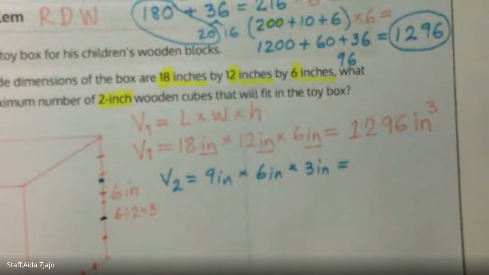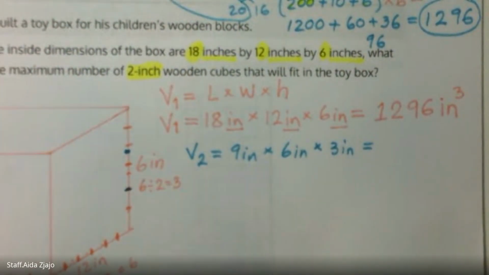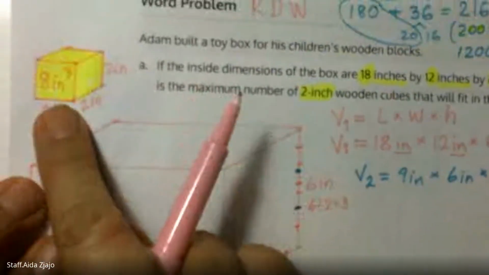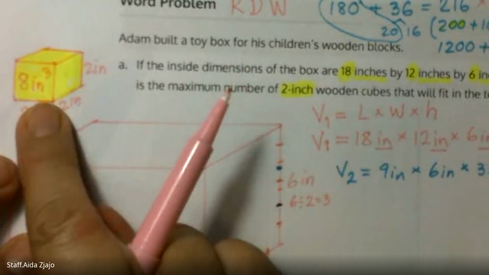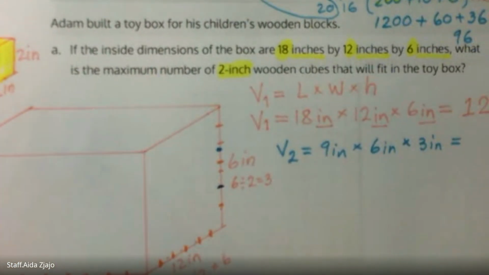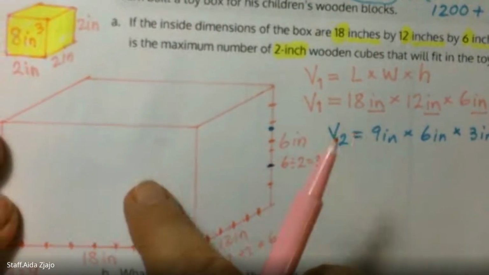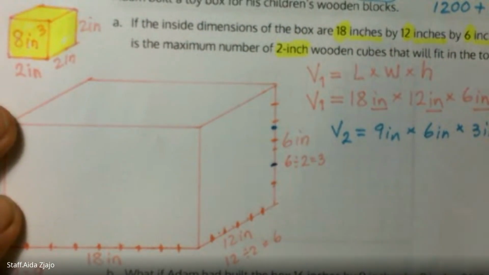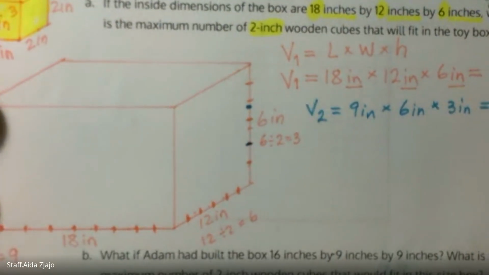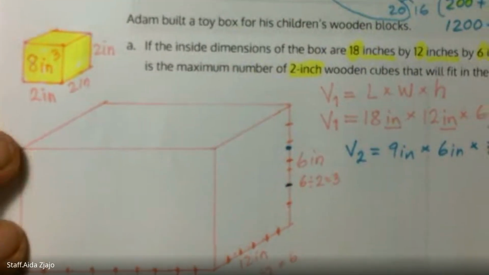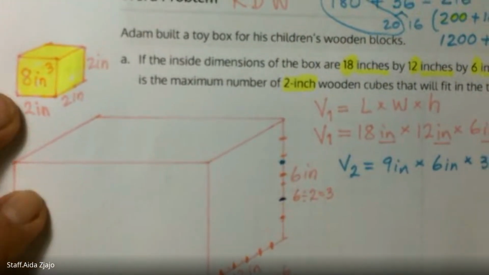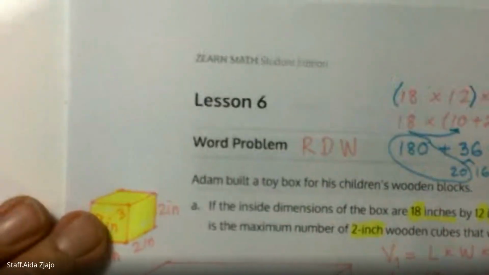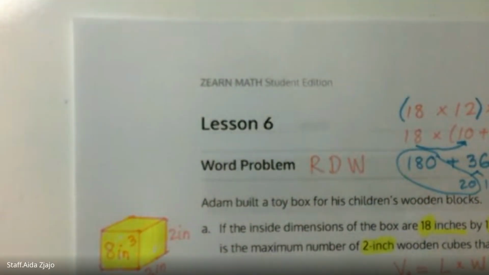So 1296 divided by 8 cubic inches will give us the total number of cubes that will fit in here. Let's have some room for division, maybe right here.